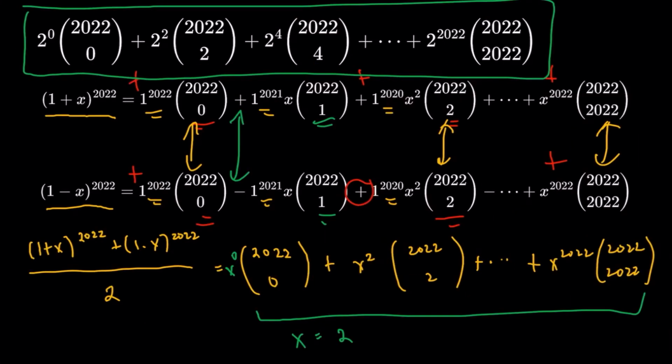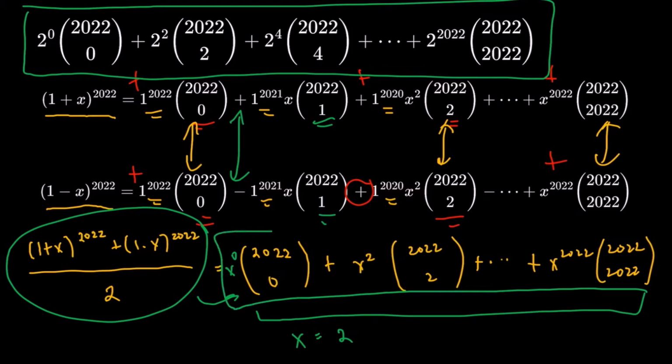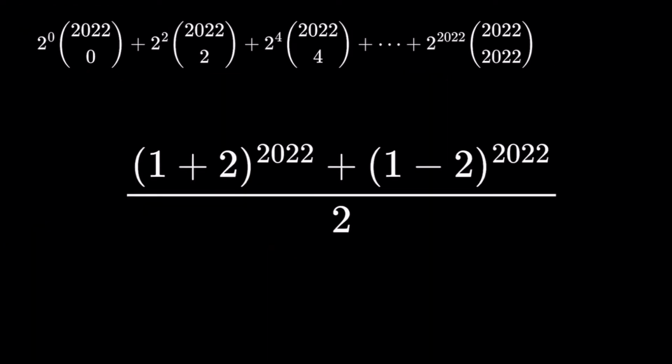And then we realize that this is the function that generates this sum. So we just have to put x equals 2, and this part would be exactly the same as the given sum. So let's substitute 2 into here. We have 1 plus 2, so this was the x.